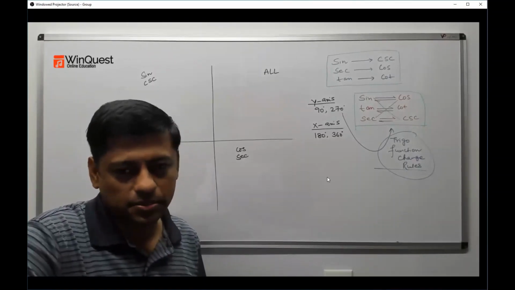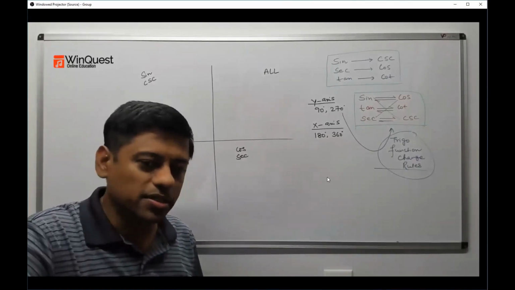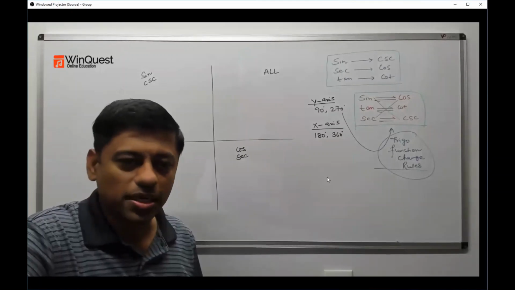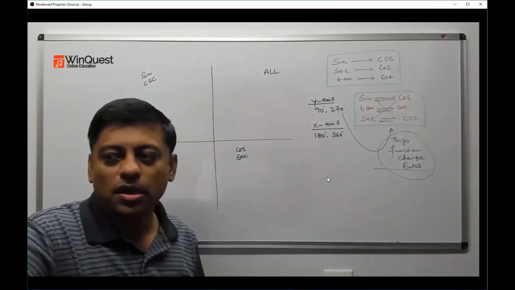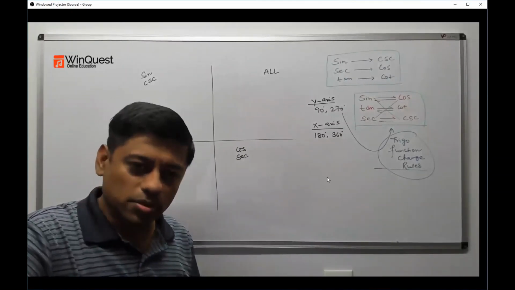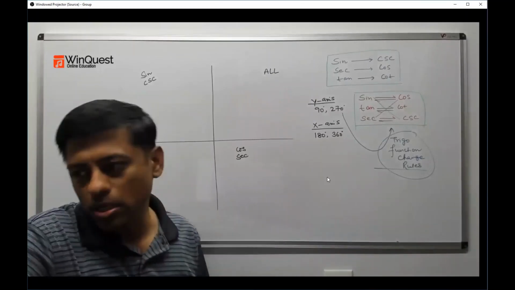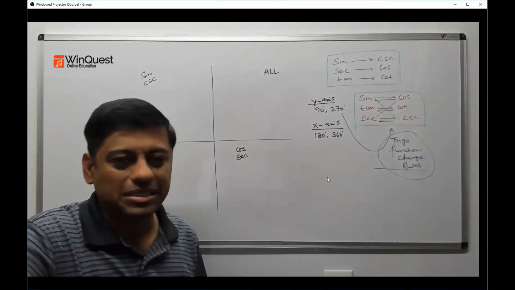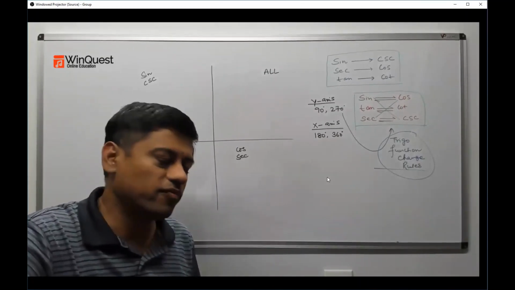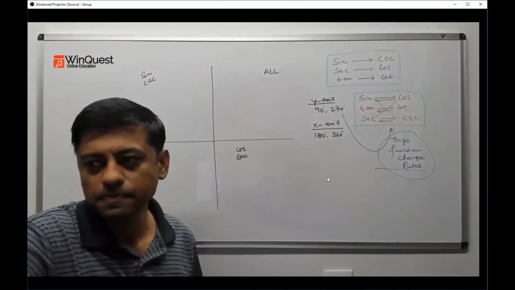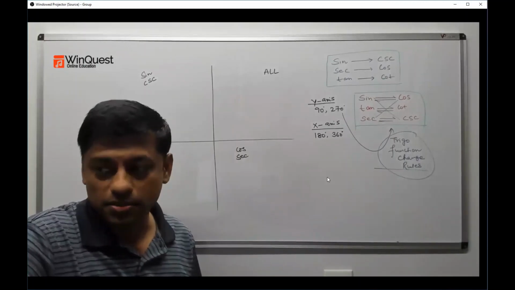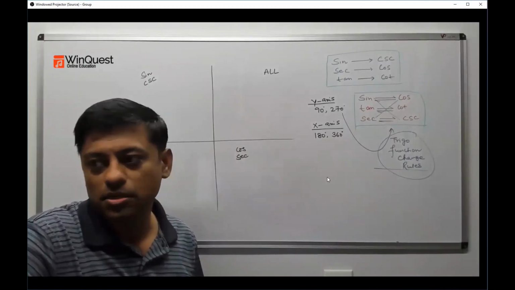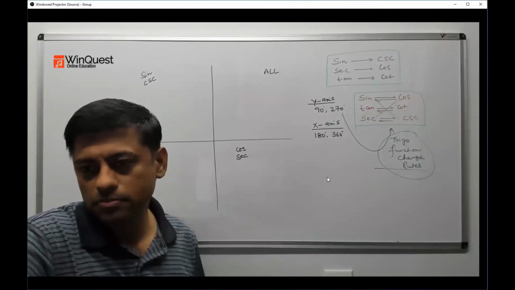But trust me, guys, if you understand these quadrant rules once and for all, and then you open any book, any Google, all those rules, whatever has been written, sine 90 minus theta, 90 plus theta, these, that, and all, everything will get clear. You don't have to memorize it, and it will be crystal clear for a long, long time.